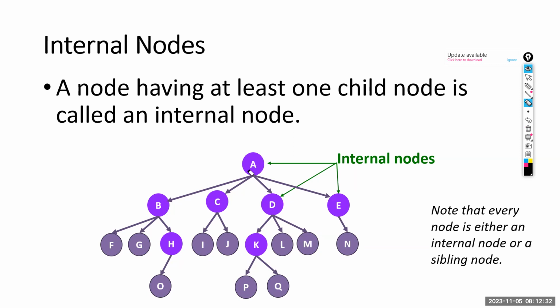So this is also an internal node because it has children. But you can see that leaf nodes are not internal nodes. So let me take it to the previous one.